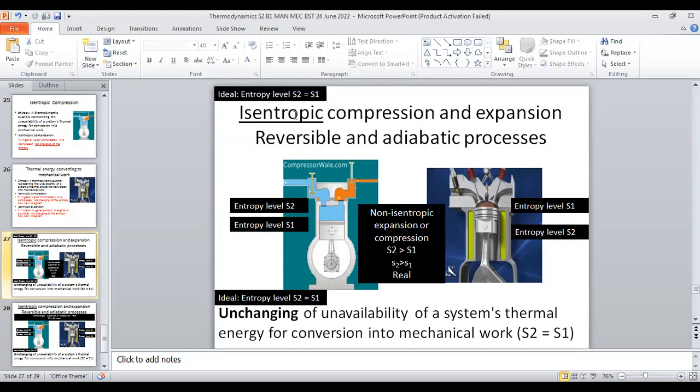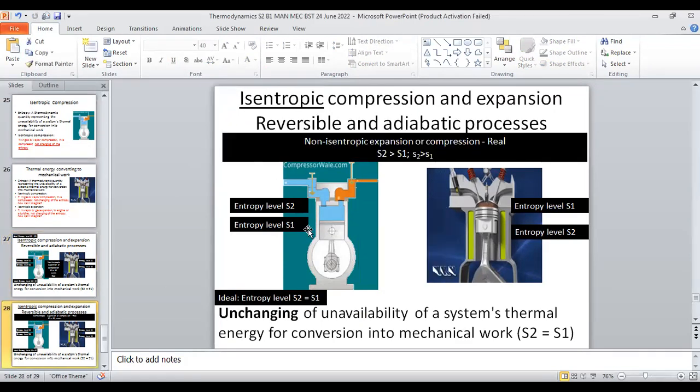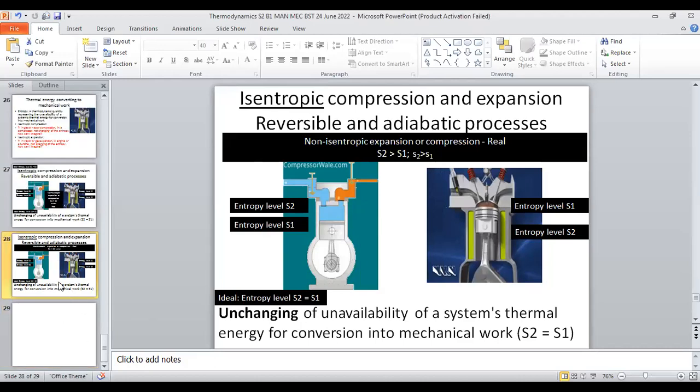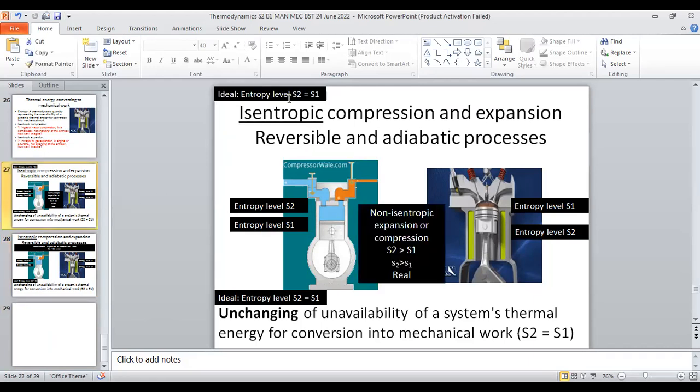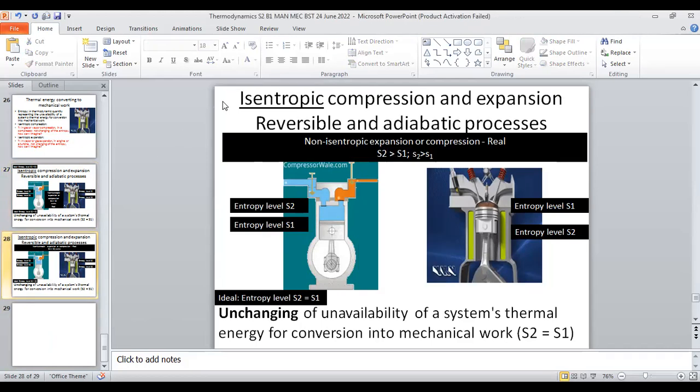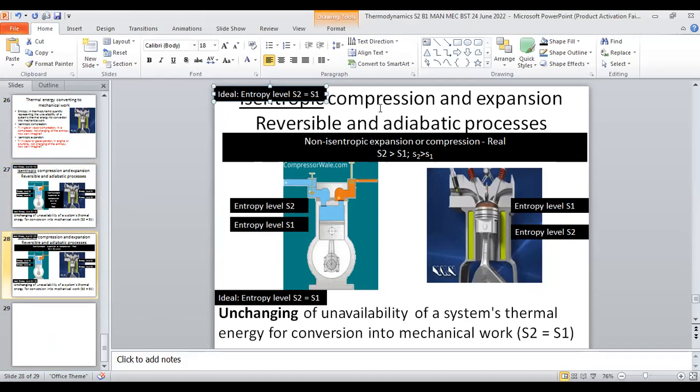Yeah, ideal entropy level. But this is real. I hope you will not get confused. Non-isentropic is real. This is ideal.